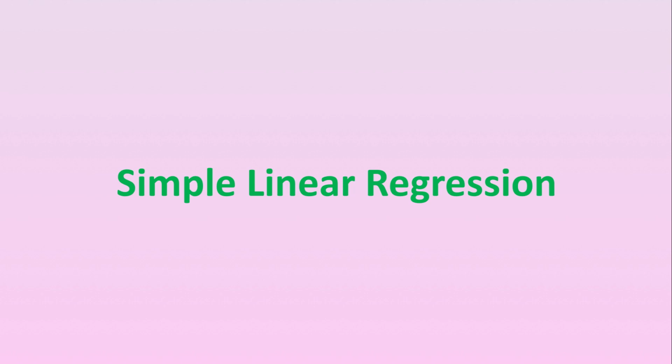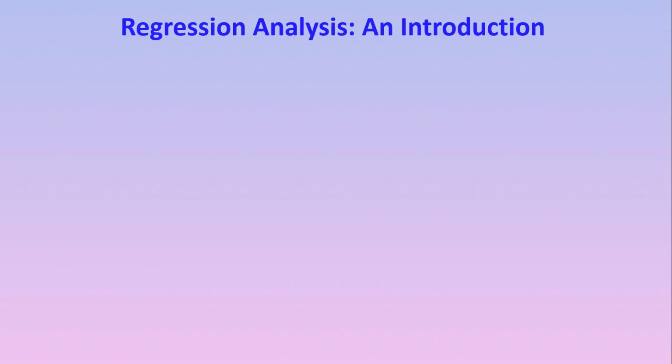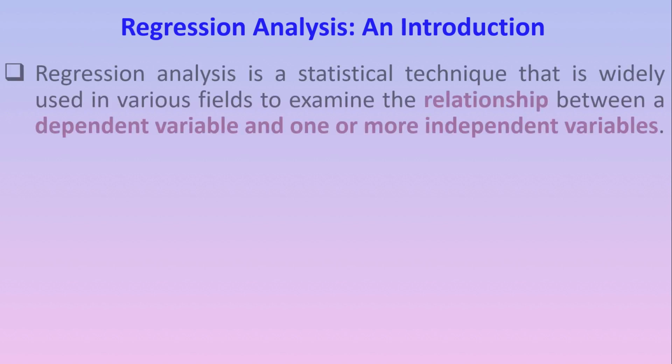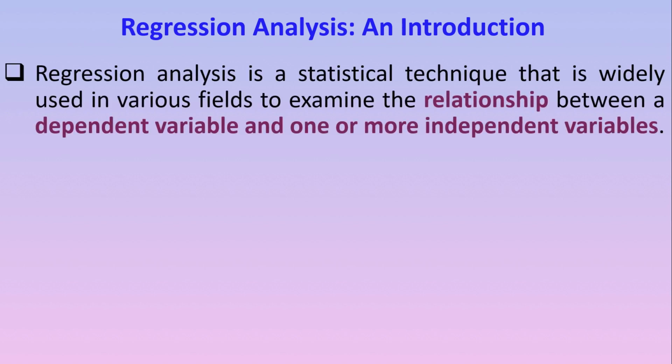Simple linear regression. Let me first give you an introduction of the regression analysis. Regression analysis is a statistical technique that is widely used in various fields to examine the relationship between a dependent variable and one or more independent variables.